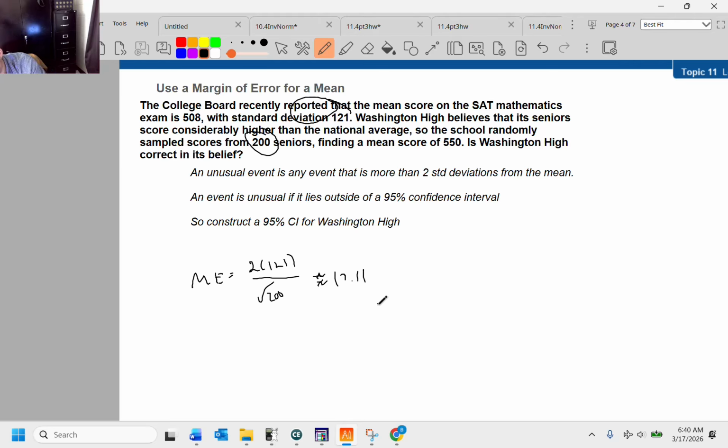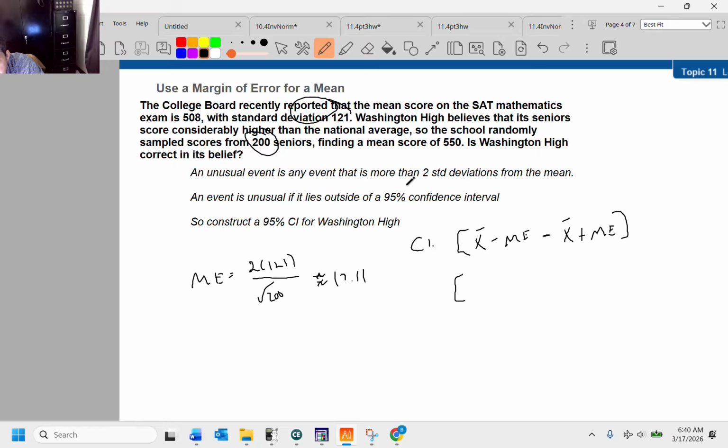Now, the 95% confidence interval is simply X bar take away the margin of error, through X bar plus the margin of error. Now we'll just do some math, all right? So X bar here for our sample was 550.